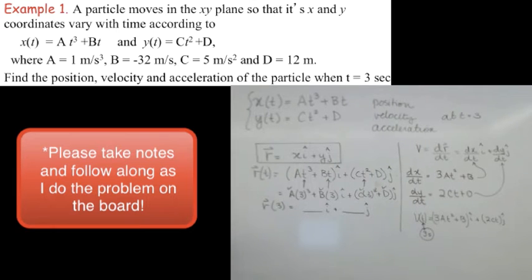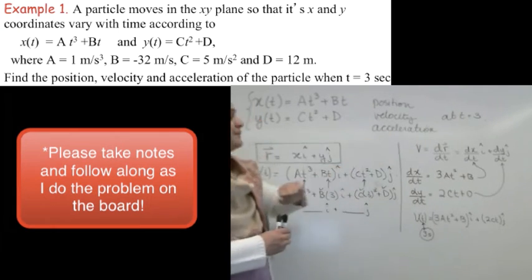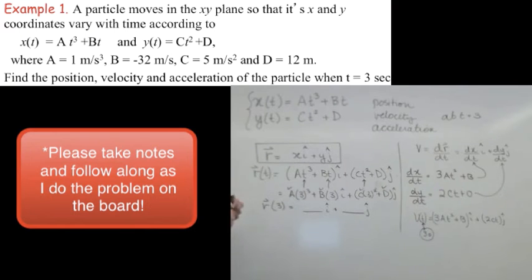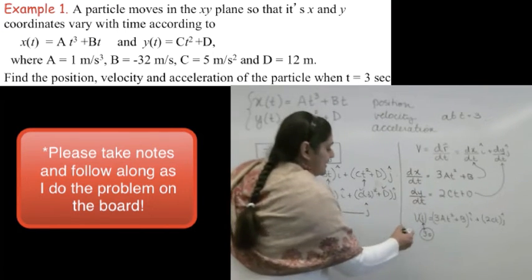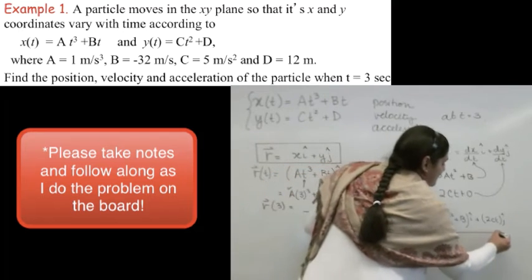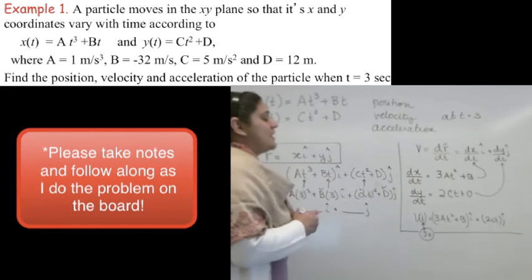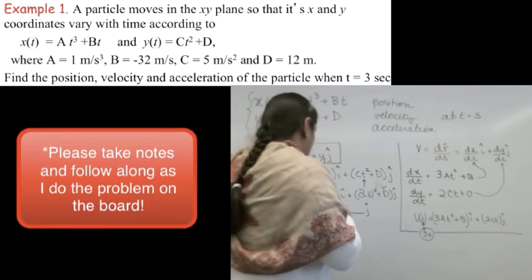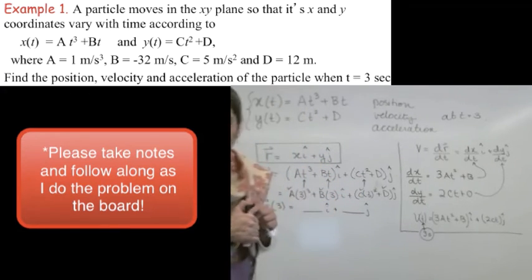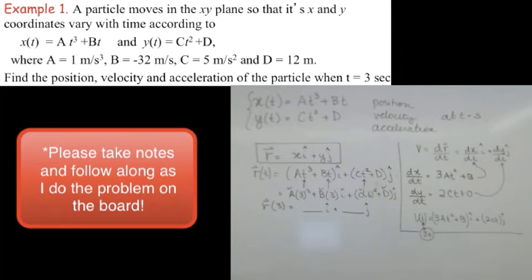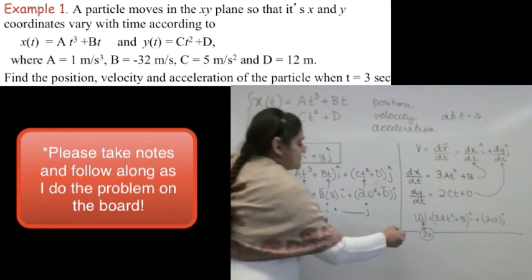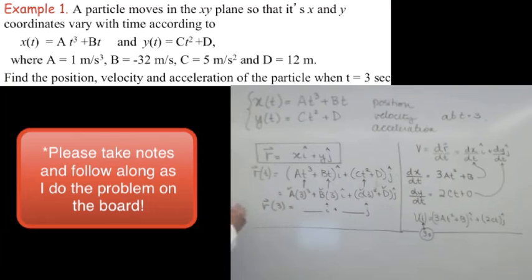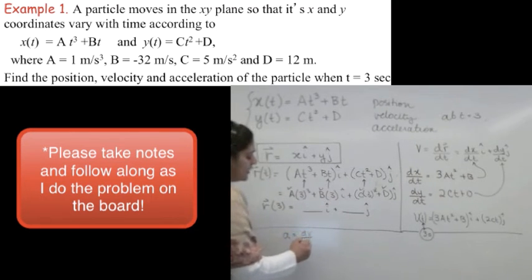Now my last problem is to find acceleration. What do I know about acceleration? I'm just going to use a little bit of space that's left over here to solve that. My acceleration was dv over dt, if you remember correctly.